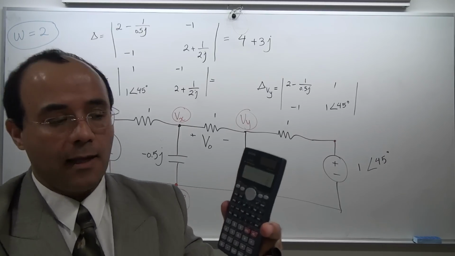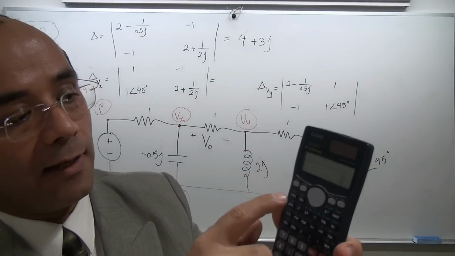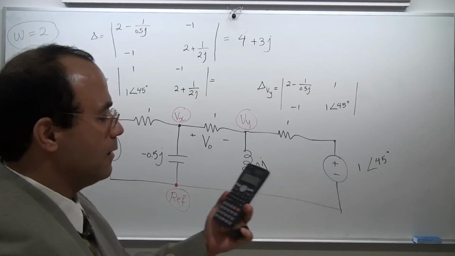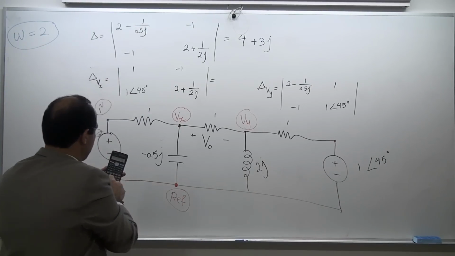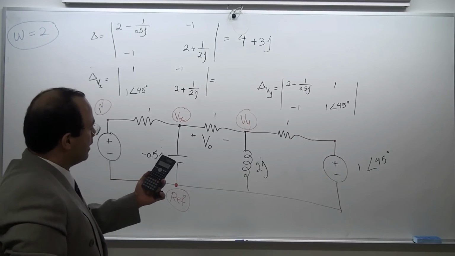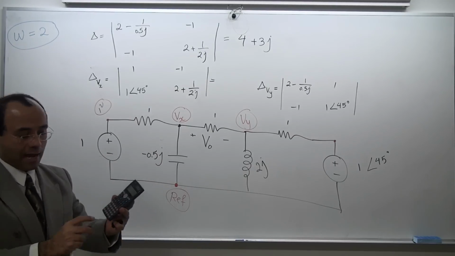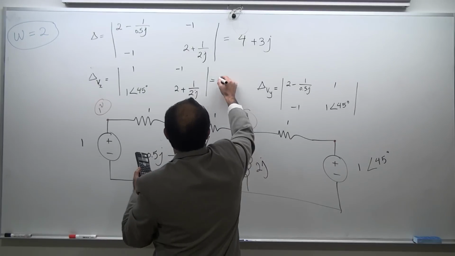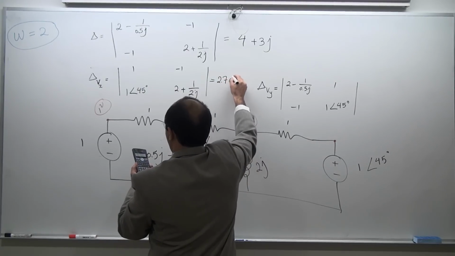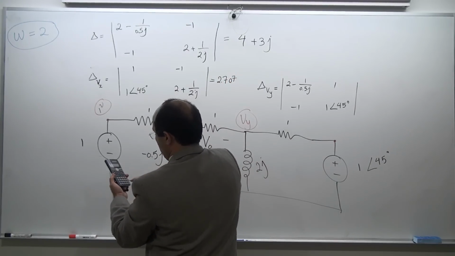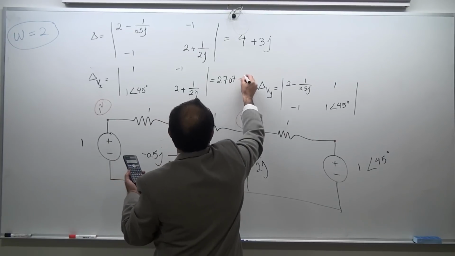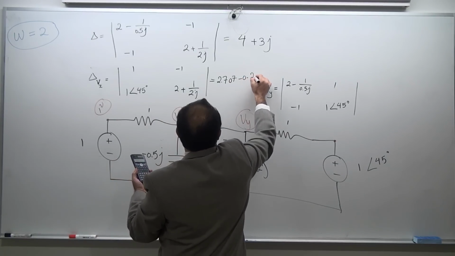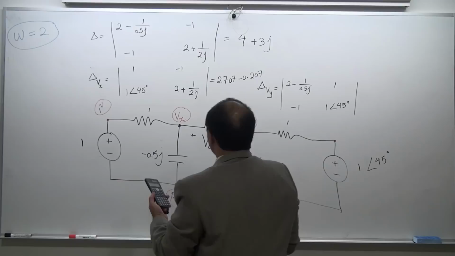Again, angle is actually shown on this minus sign. So it's going to be angle, and it is set into degree mode, and that's it. And pushing equal sign, you get yourself 2.707, and then when you say shift equal sign, you get minus 0.207j.